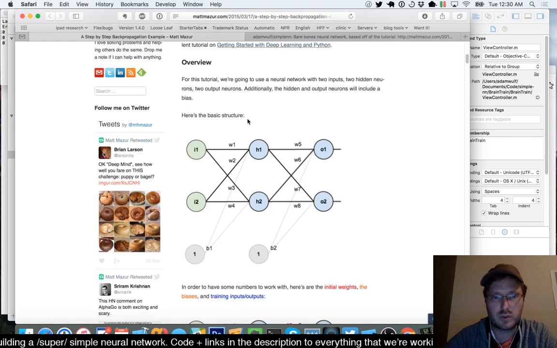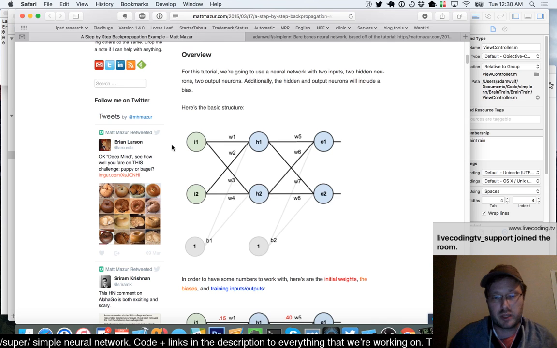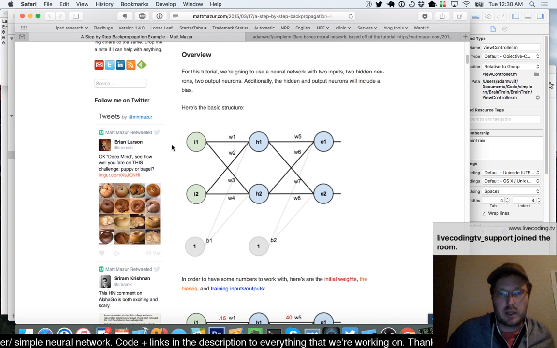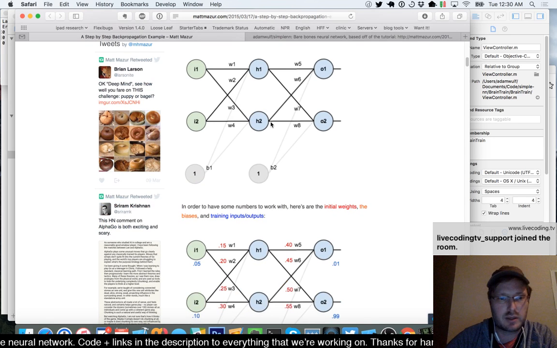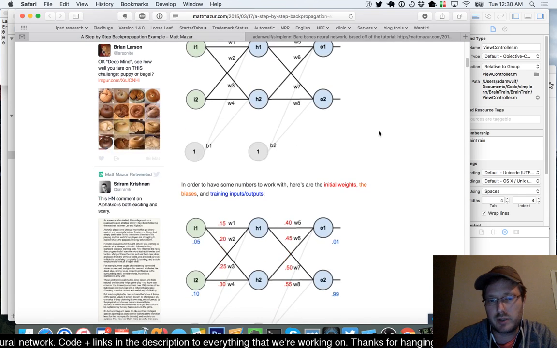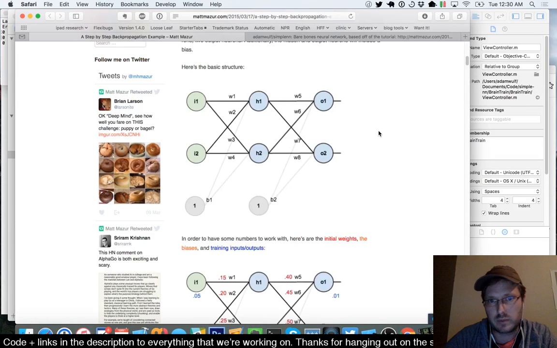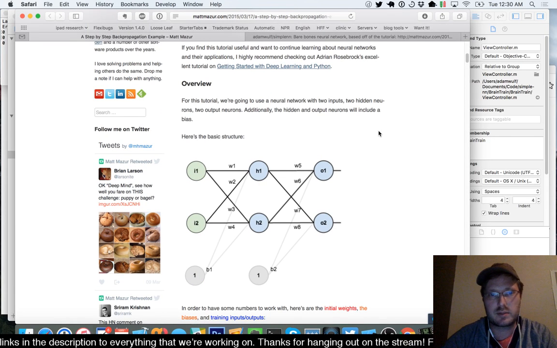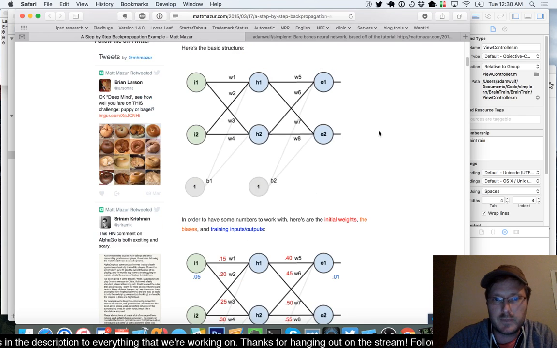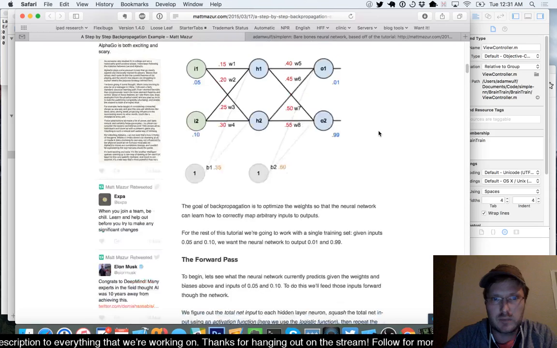So what we're doing is taking this graph right here and putting it into code, and then we're gonna hopefully complete the tutorial and take what he does on paper and put it into Objective-C as a very simple neural network. I will ask in advance for your patience, because this is the first time I've tried to do this.